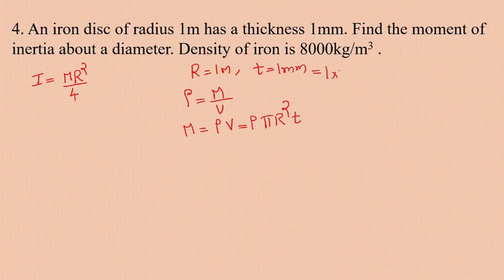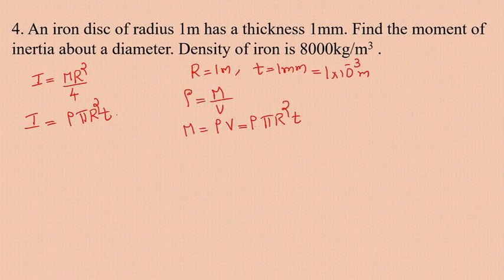That is 1 into 10 raised to negative 3 meter. That is the unit. So, the moment of inertia I is equal to, instead of m, we can substitute rho into pi r square into t.